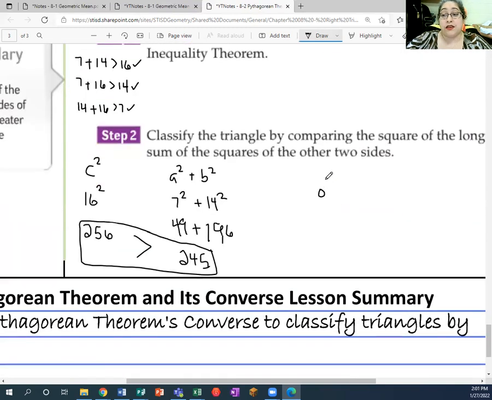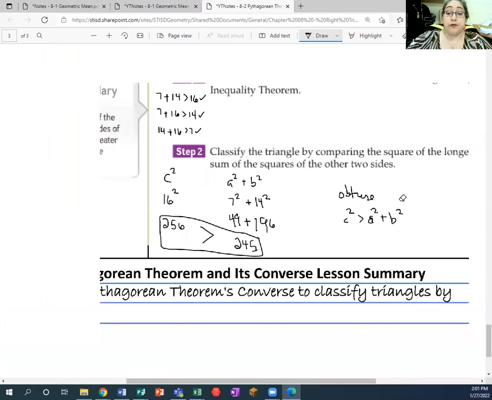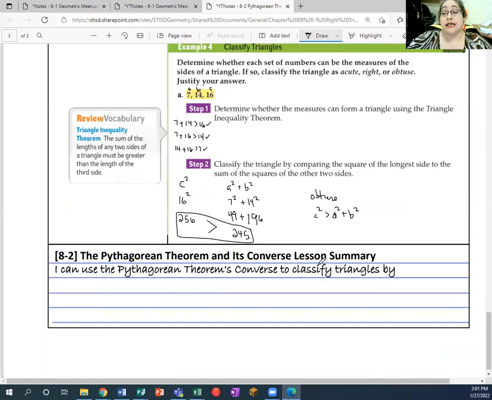So this triangle is an obtuse triangle because C squared was bigger than A squared plus B squared. The square of the longest side was bigger than the sum of the squares of the other two sides. That's how you use the Pythagorean theorem's converse to classify triangles.